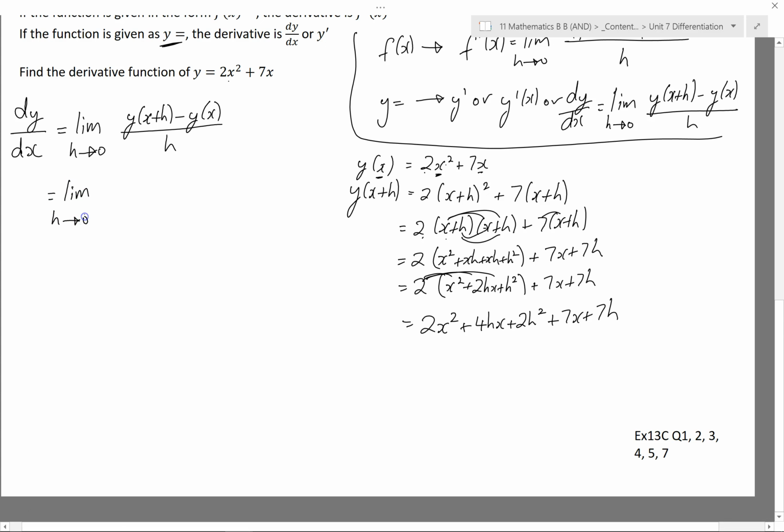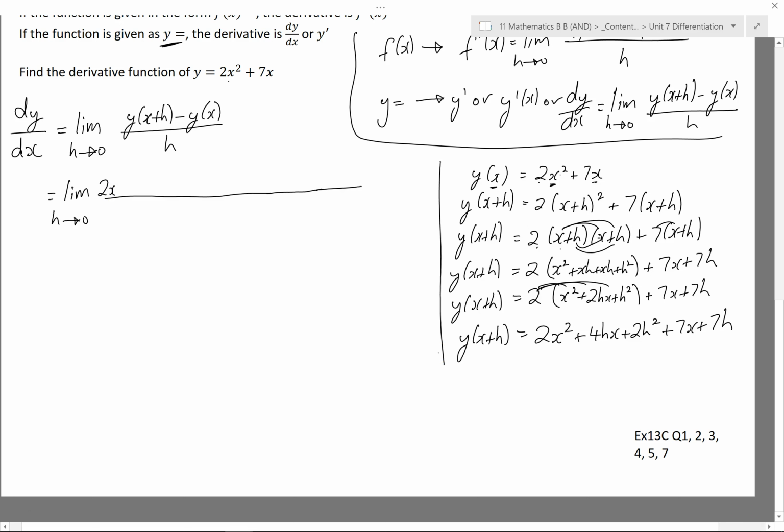So limit as h approaches 0, it's going to have to be a pretty big fraction line. Okay, that's all on the side. I'll write in all these terms. I'll write in my y of x plus h.